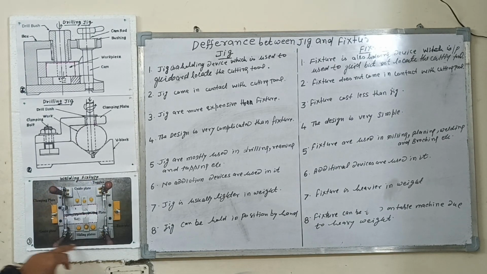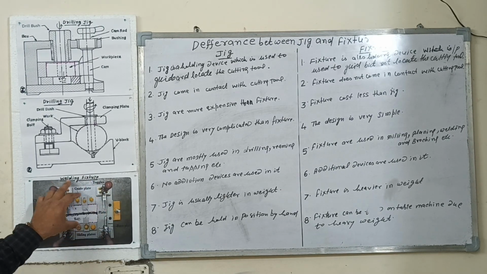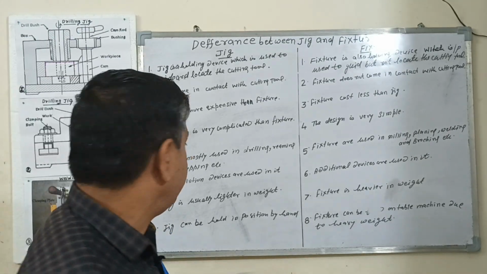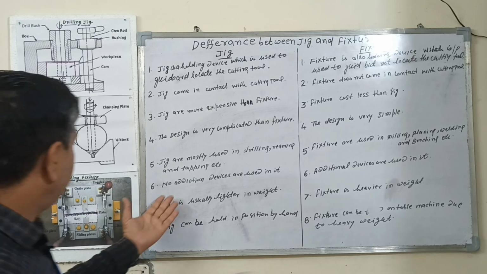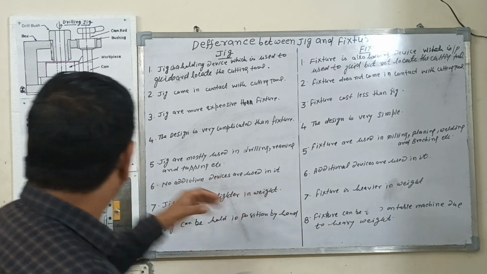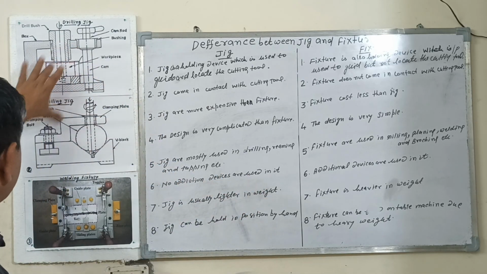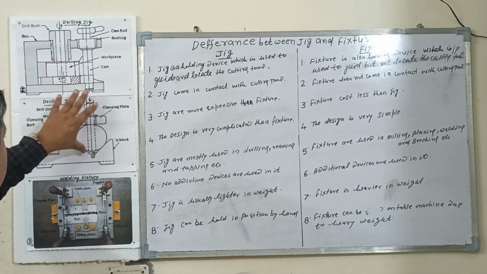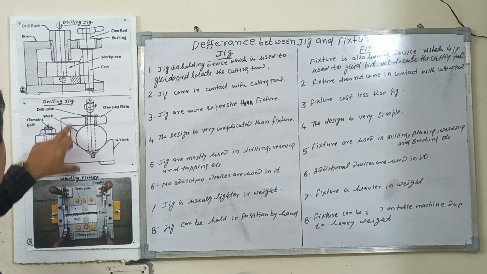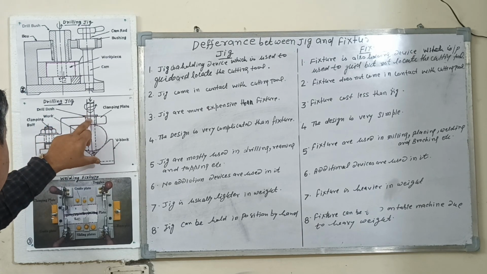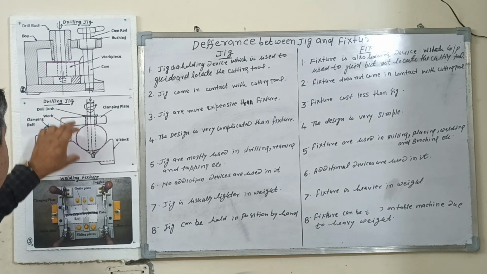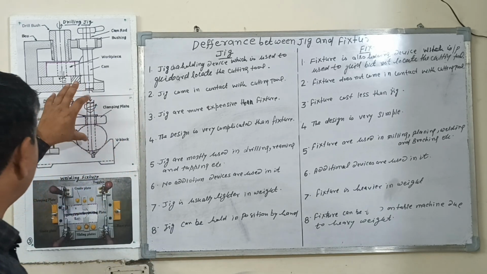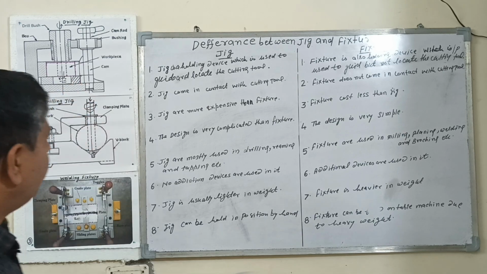This figure displays a welding fixture. Number 6: no additional device is used in a drilling jig. In a jig, there are no additional devices used to hold the workpiece. Only the clamping device, bushings, nut and bolt, base plate, top plate and guide plate are used to locate and clamp the workpiece.